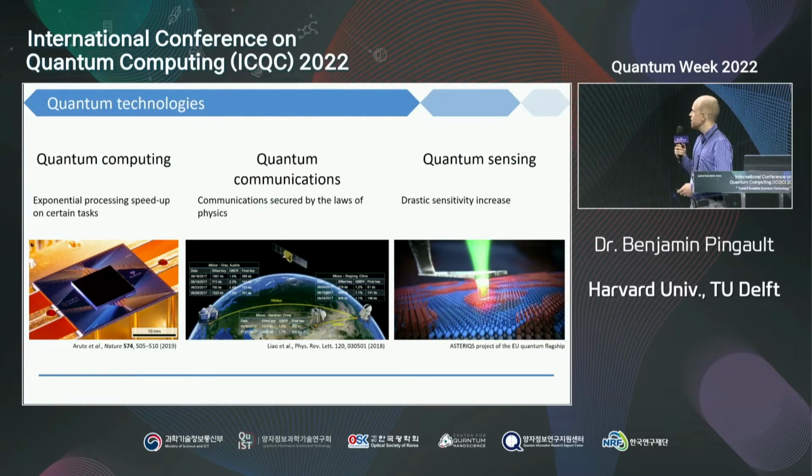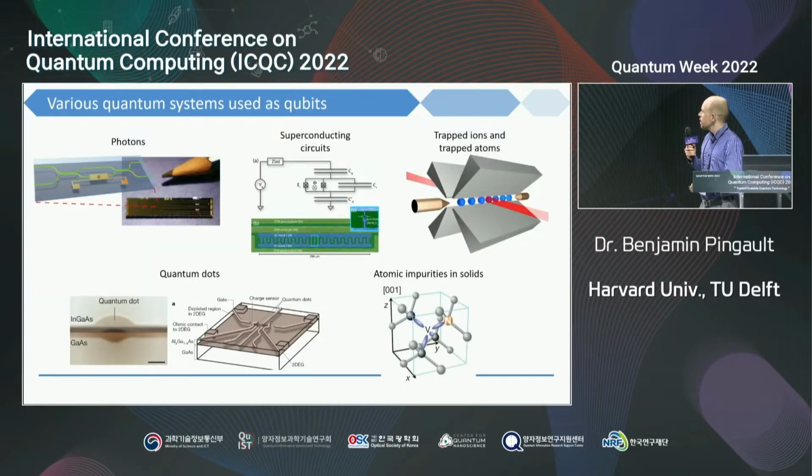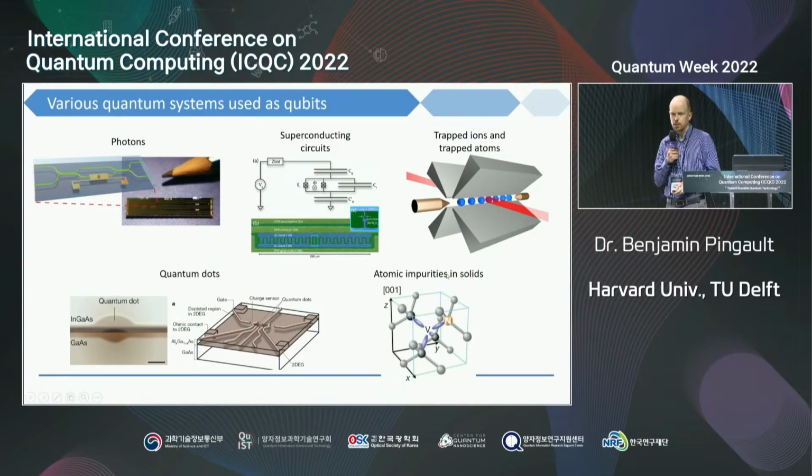We're all familiar that quantum technologies these days separate roughly into three categories: quantum computing, which hopefully provides an exponential speed-up in processing certain tasks, quantum communications for physically secured communication, and quantum sensing, with a variety of physical systems that can be used as qubits. We're going to focus on the atomic impurities for the next part of this talk.